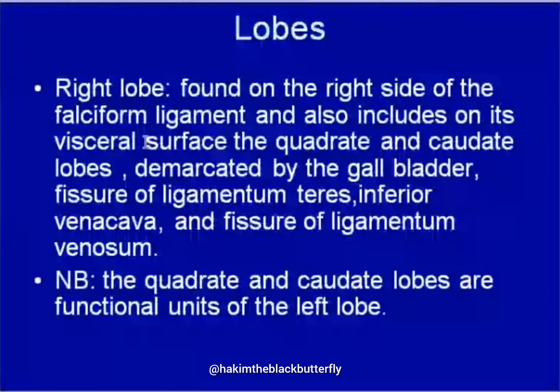So our task is to know what the anatomical lobes are and what the functional lobes are, because those two are different. That's why we need to pay attention when we are talking about these lobes of the liver.